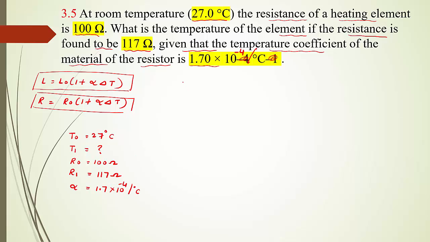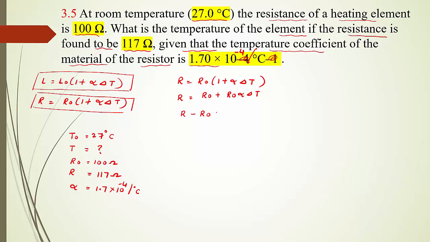Now substitute the values. R equal to R0, 1 plus alpha delta T. You can take here R equal to R naught plus R naught alpha delta T. Just we multiplied R naught here.